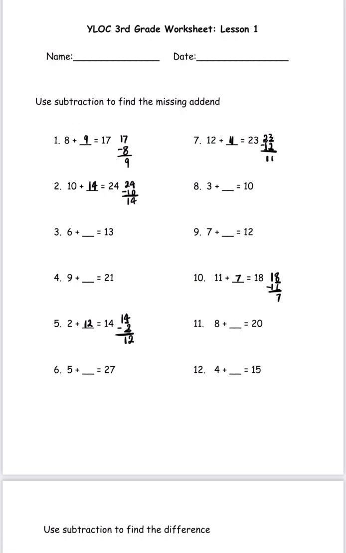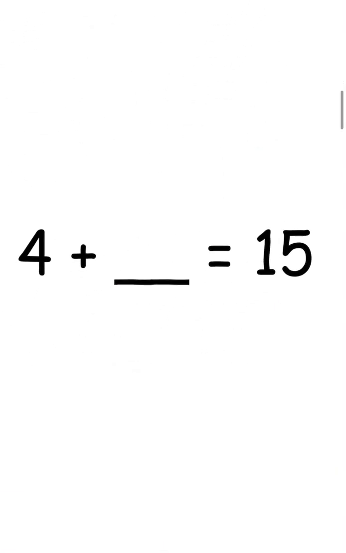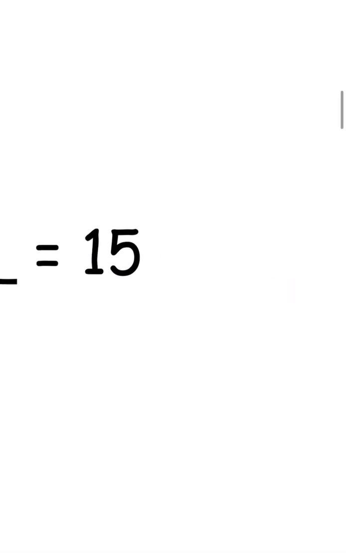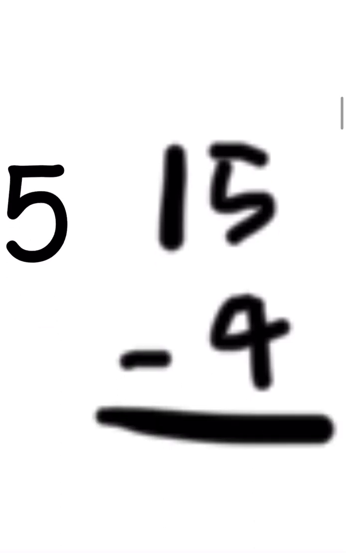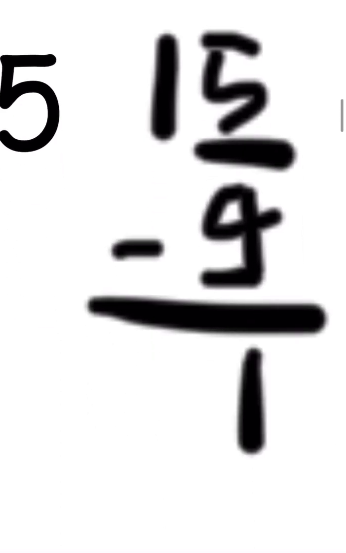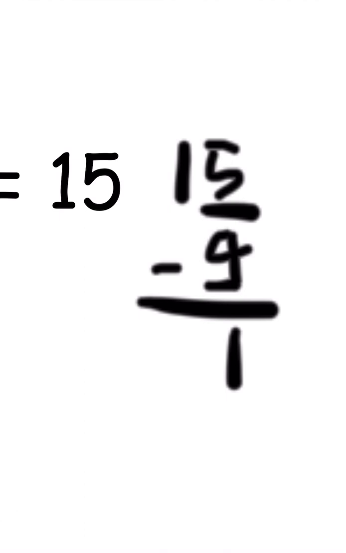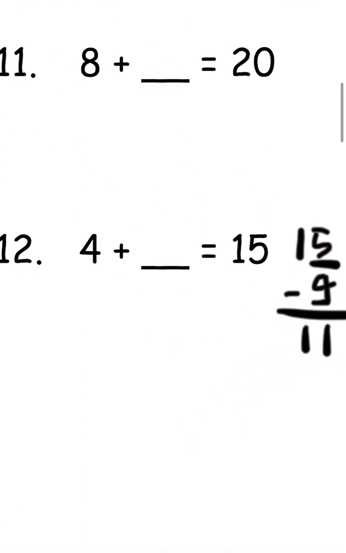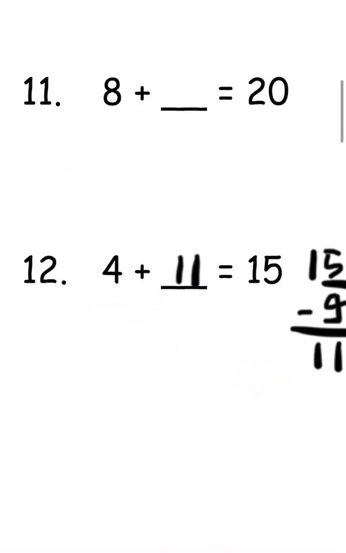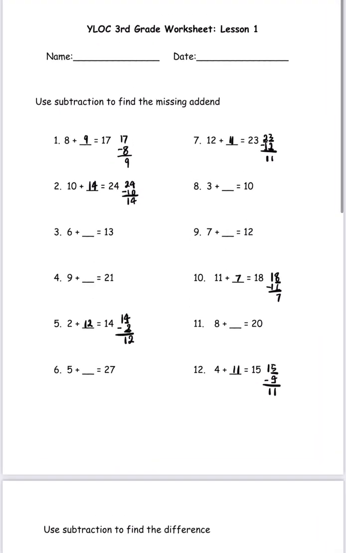Let's look at number 12. So we need to subtract 4 from 15. And 5 minus 4 is 1, and 1 minus 0 is 1. So 11 is the answer for number 12.